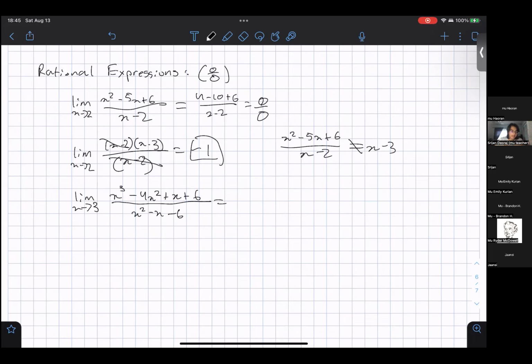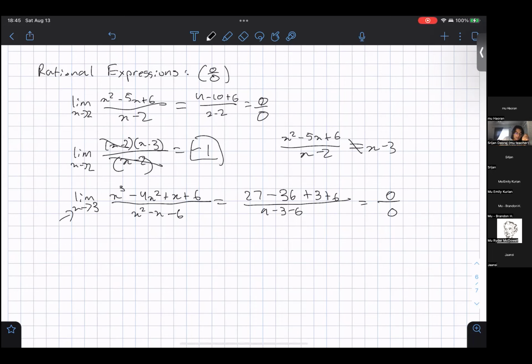So here let's try plugging in 3. So 3 cubed is 27 minus 4 times 3 squared, which is 4 times 9, which is 36, plus 3 plus 6, all over 9 minus 3 minus 6. So the bottom is equal to 0, and the top is also 0. So again, this is an indeterminate form.